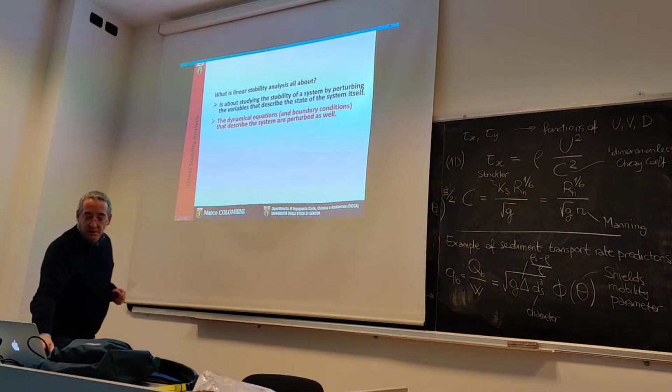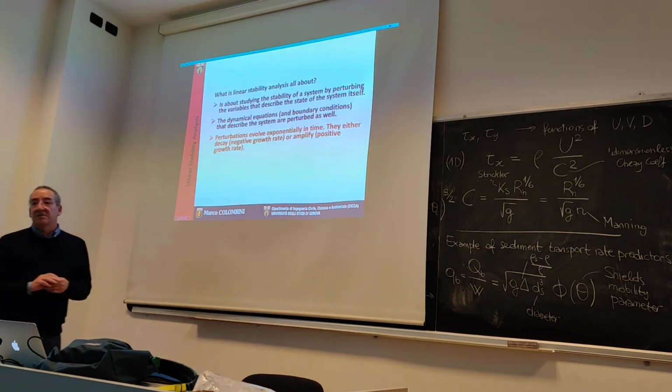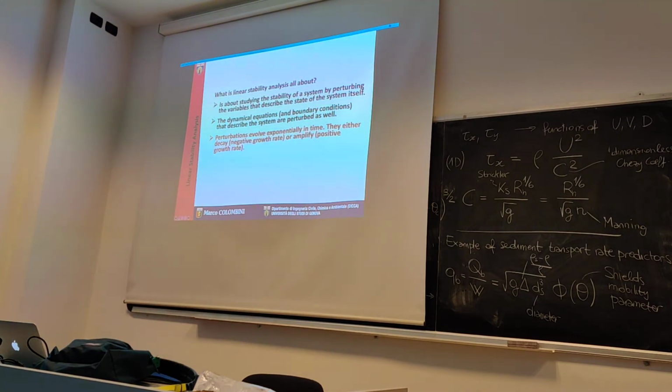What is typical of linear stability analysis? I'm not sure I have said it before, but the moment in which stability analysis becomes linear is when you assume that your perturbations are small.